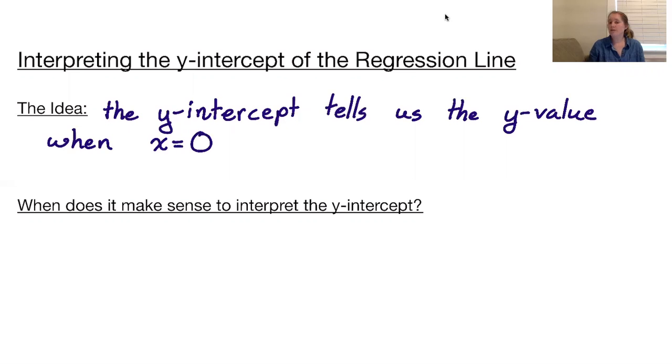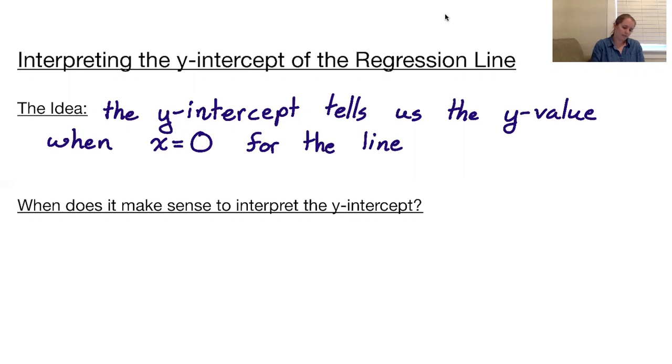But this is just for the line itself. It doesn't necessarily make sense in context. So it tells us the y value when x equals 0 for the line.